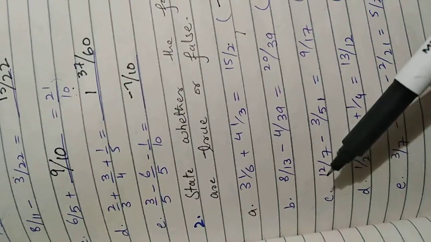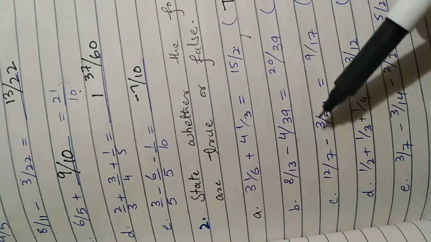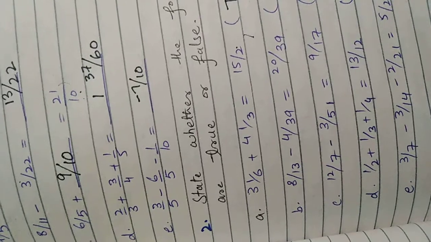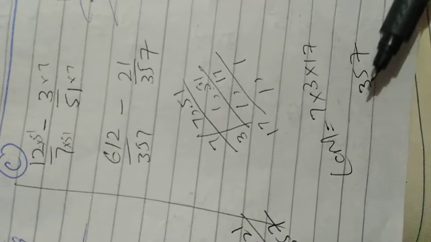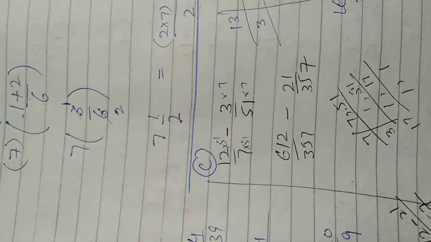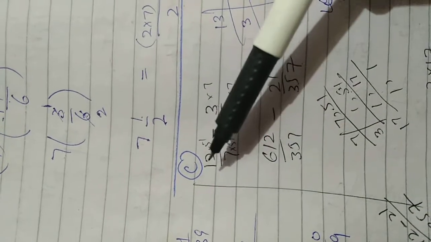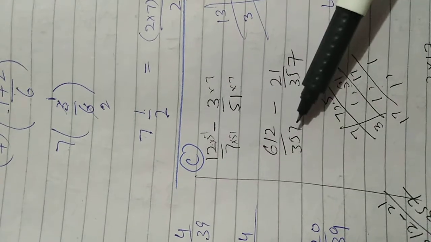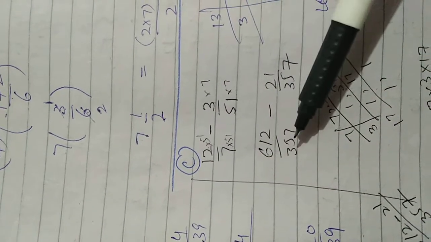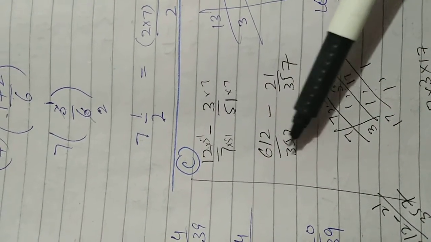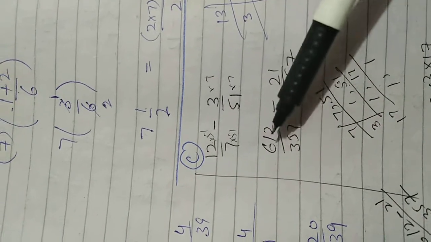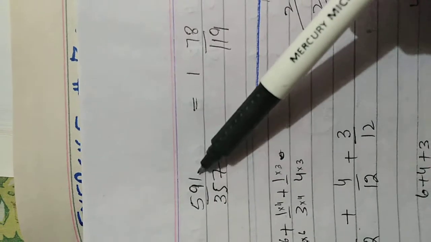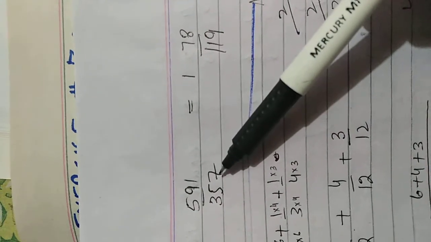Part C is 12 over 7 minus 3 over 51 is equal to 9 over 17. First we will find LCM of their denominators, that are 7 and 51. LCM of 7 and 51 is 357. So we will write equivalent fraction of 12 by 7 and 3 over 51 having denominator 357.